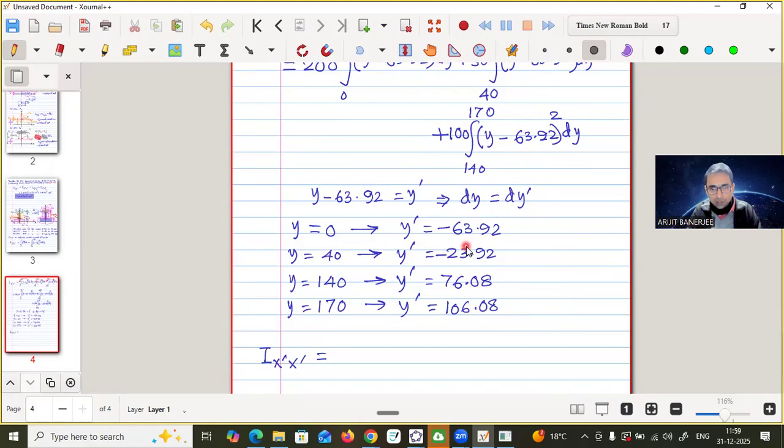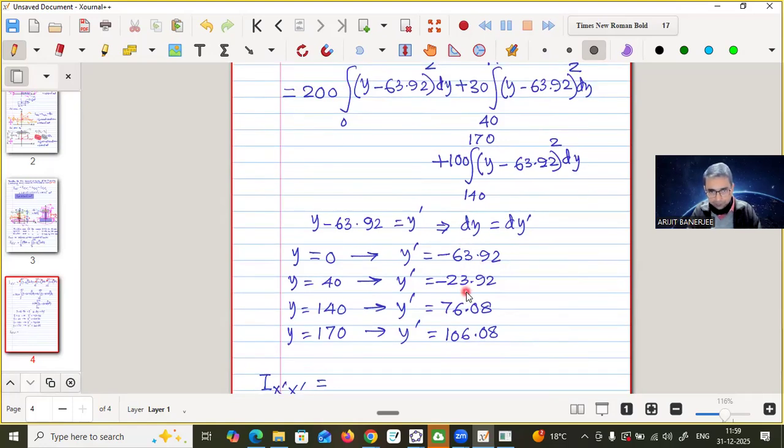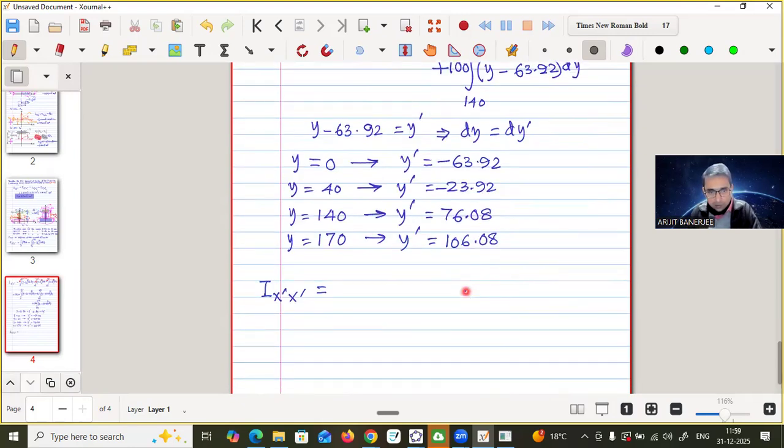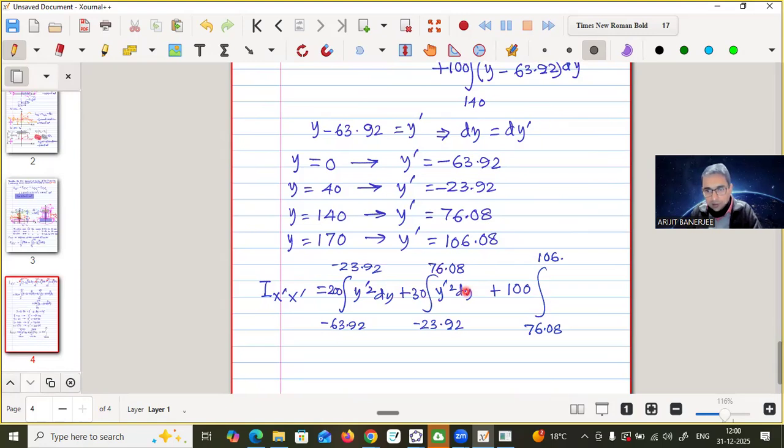The first range is minus 63.92 to minus 23.92, y prime square dy, multiplied by 200, plus 30 multiplied by the range minus 23.92 to 76.08, y prime square dy, plus 100 multiplied by the range 76.08 to 106.08.